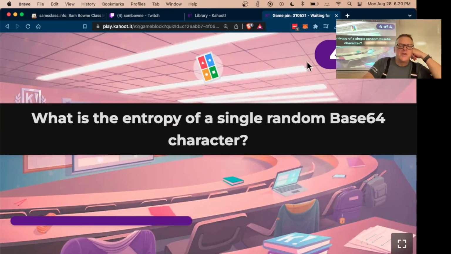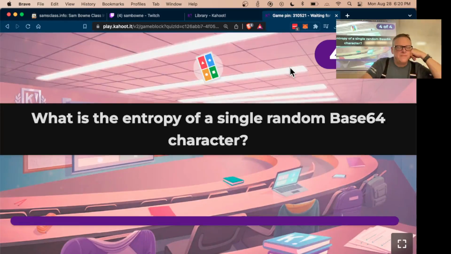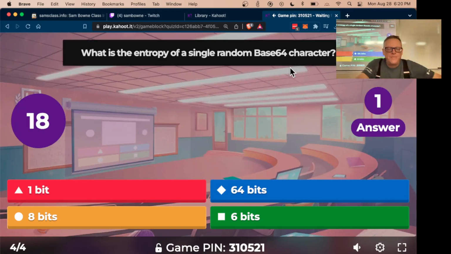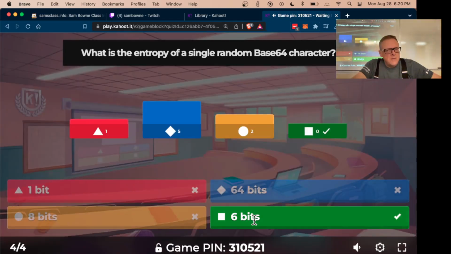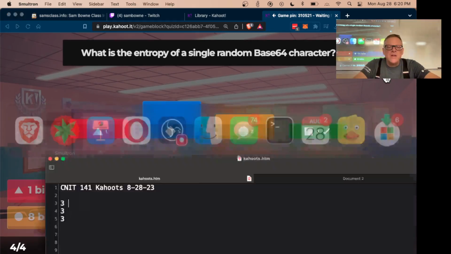All right, what's the entropy of a single base 64 character? It's 6 bits, not a very popular answer. So let's talk about what base 64 is.